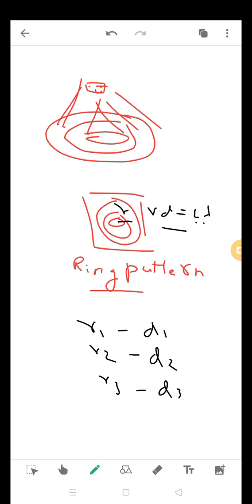Using these interplanar spacings and the JCPDS data, we find out the hkl planes associated with them: H1 K1 L1, H2 K2 L2, and H3 K3 L3. So corresponding to the three rings, we have three different phases of the polycrystalline material.